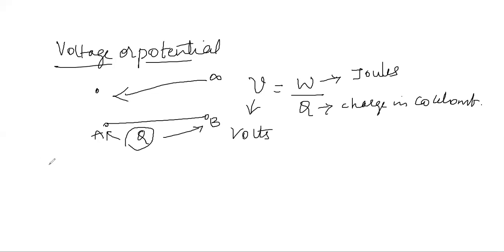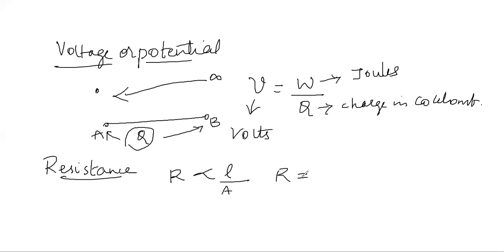Next we have important passive element as resistance. Resistance is the opposition caused for the flow of current in any material. And resistance of any material depends on length of the conductor or a material divided by area of the material.